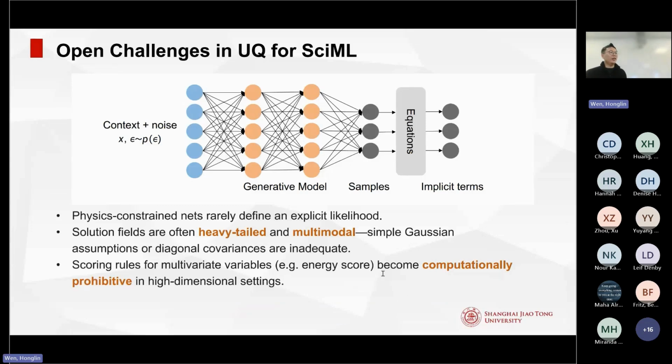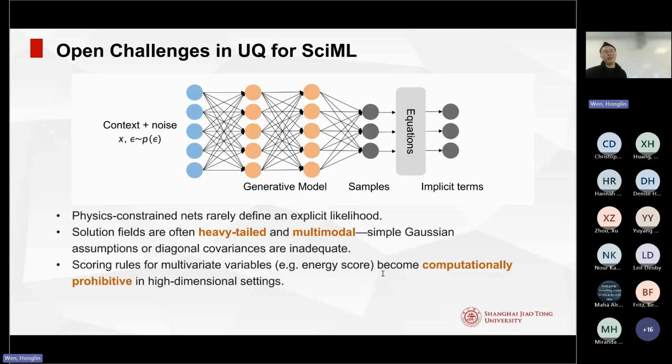Now I have talked about most of the relevant advances and what we have done, but for scientific machine learning, if we want to characterize the uncertainty quantification, it's still very tricky. If we think about the physics-constrained model, most often we do not have an explicit likelihood.